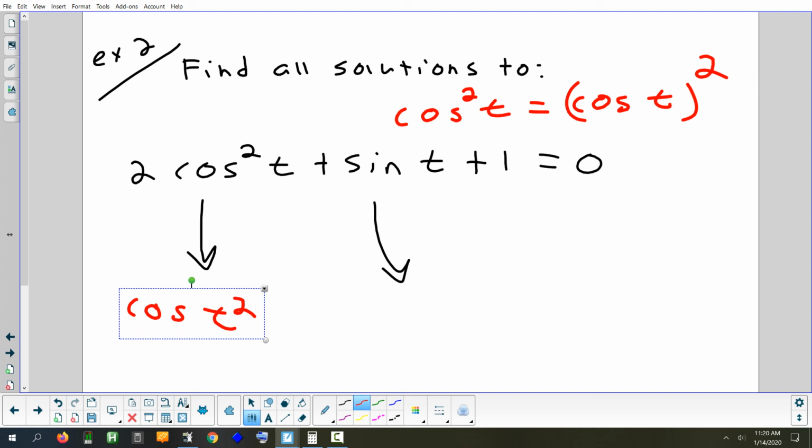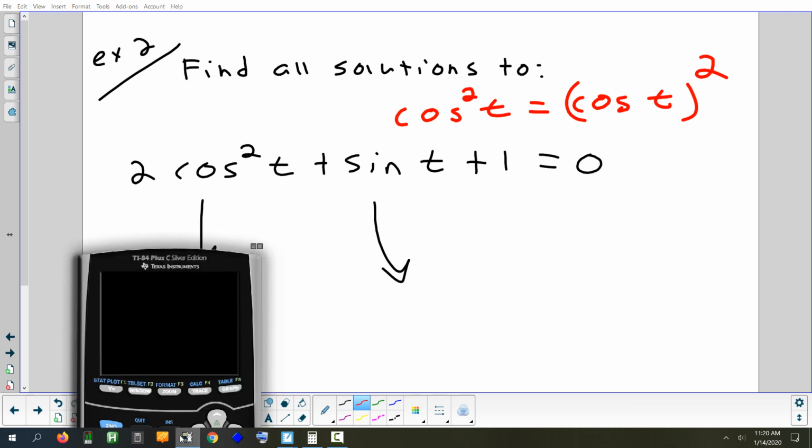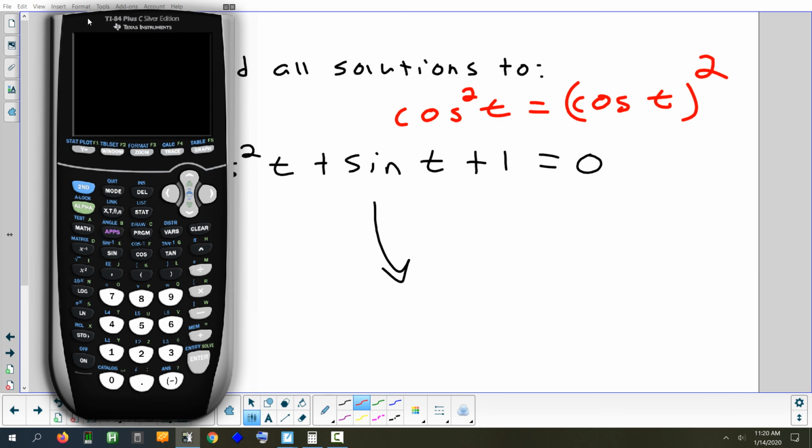That's different than plugging t into cosine, getting that answer, and then squaring it. But cosine squared t means what I put on the right.